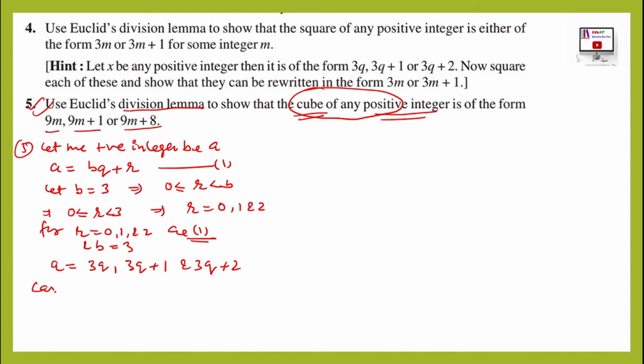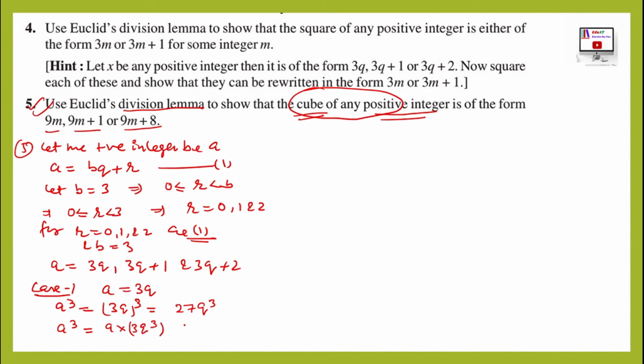So for case 1, a is equal to 3q, so a cube will be equal to (3q) cube, means it will be 3 to the power 3, which is equal to 27q cube. So 27q cube we can further write as a cube is equal to 27, means 9 into 3q cube.